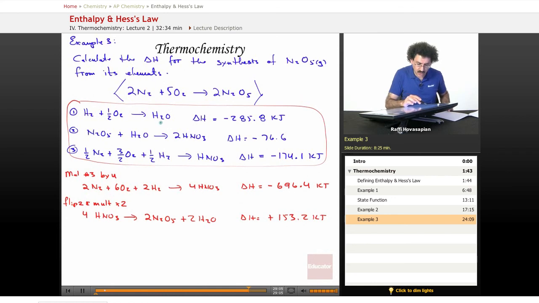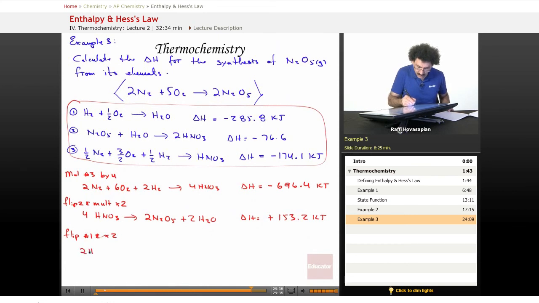And now, number 1 equation, let me see. I've got 2 H2s on the right, I've got an H2 here. I need to cancel the H2s. I've got 2 H2Os on the right. I have an H2O here. So I've used equation 3, I've used equation 2. I need to get this on the left, and I need to multiply it by 2. So I'll do the same thing. I'll flip number 1 and multiply by 2, and I end up with the following equation.